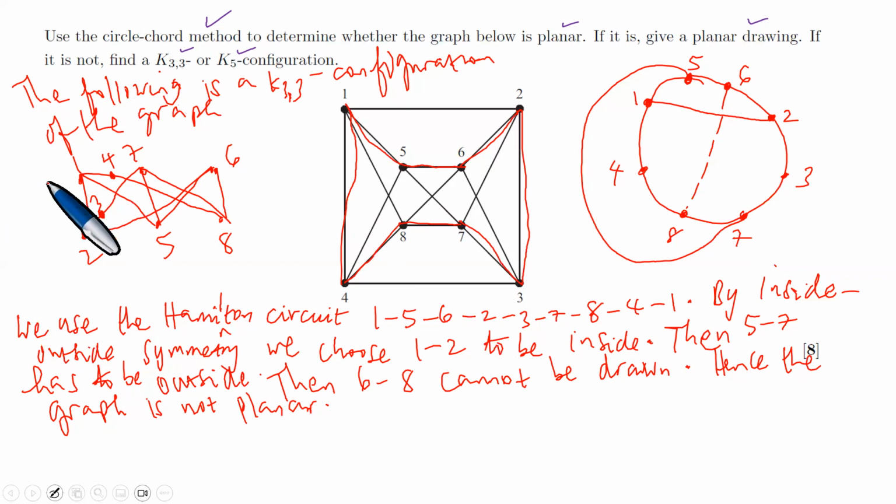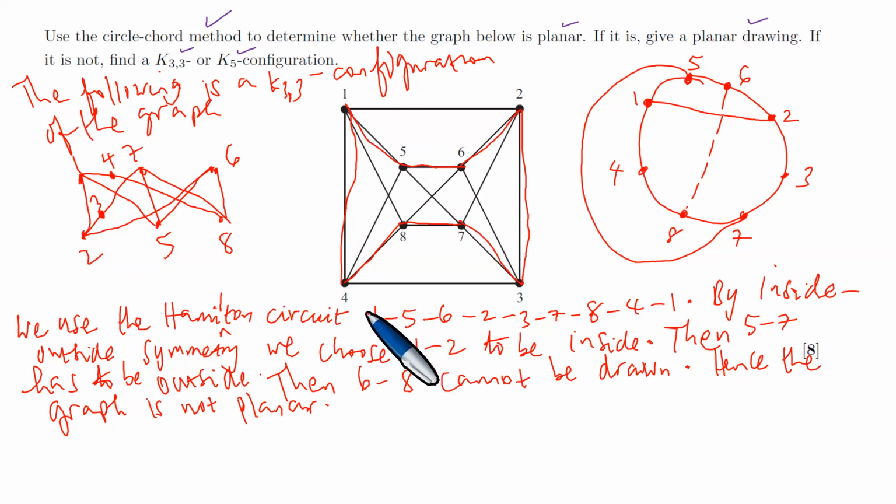So if we need three vertices, we focus on the Hamilton circuit. From the Hamilton circuit, we realize that we need a set of 6 vertices, and these 6 vertices must be vertices that are part of the original graph.